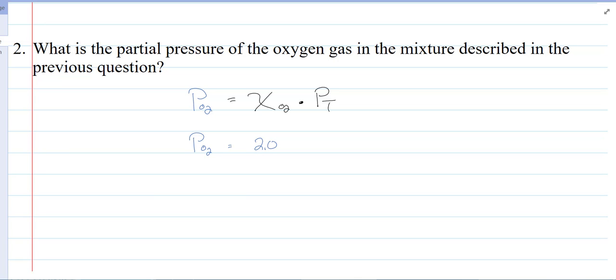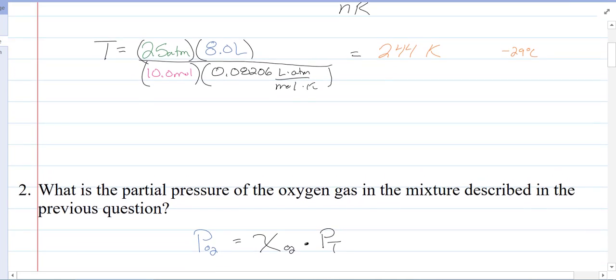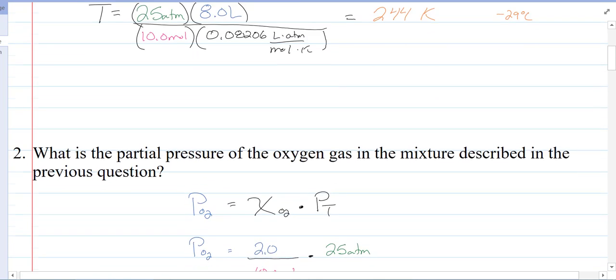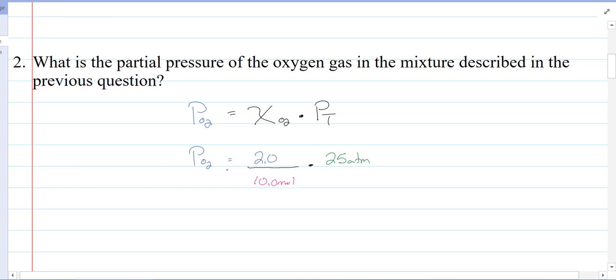And we had 10 moles total, correct? So there's our mole fraction, and the total pressure was 25 atmospheres. All right, 25 atmospheres is the total pressure. So P equals 2 times 25 would be 50 divided by 10, 5. So the pressure of O2 would be 5.0 atmospheres. Perfect.